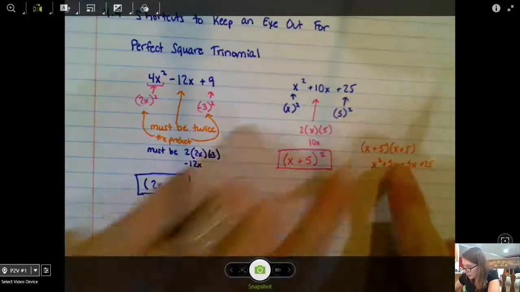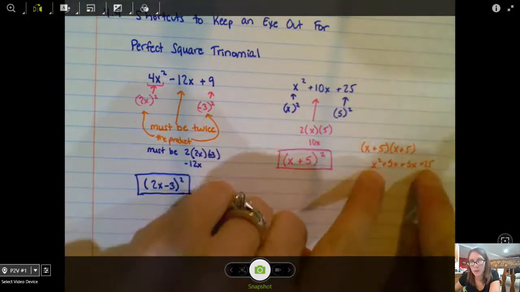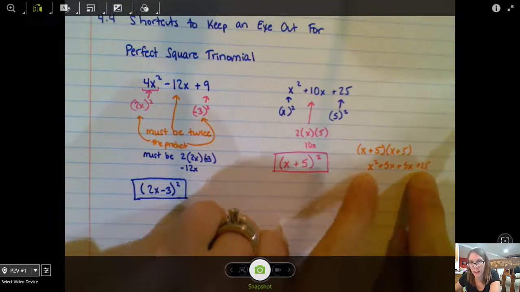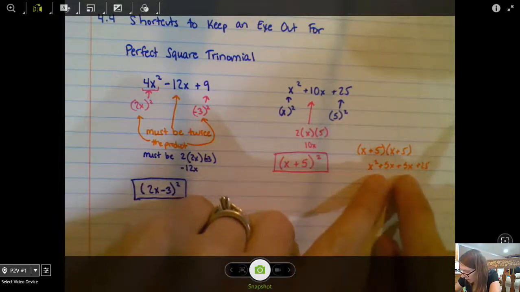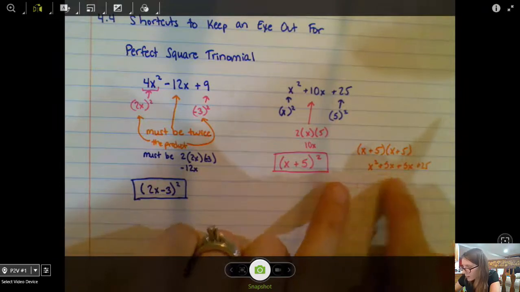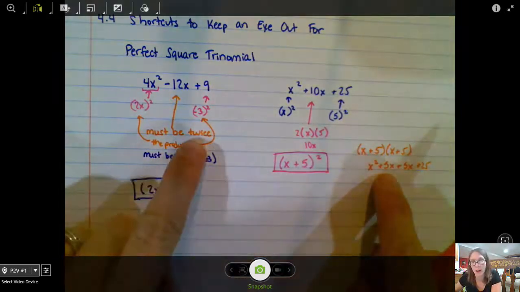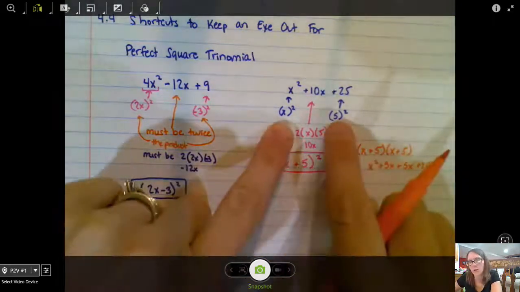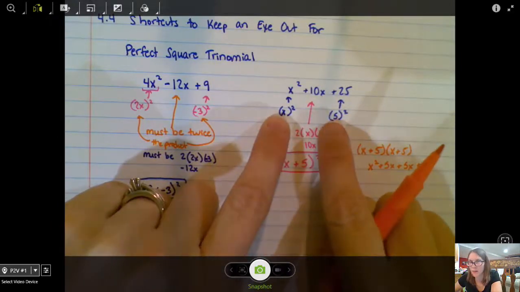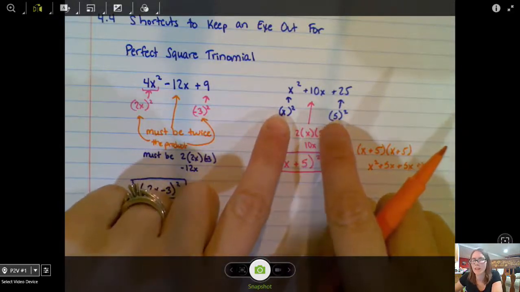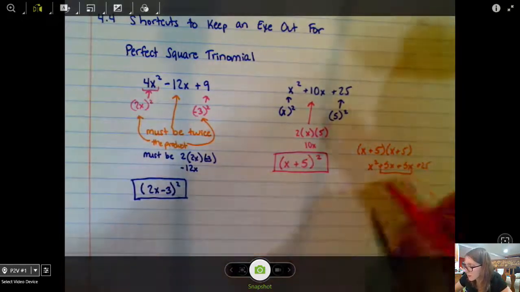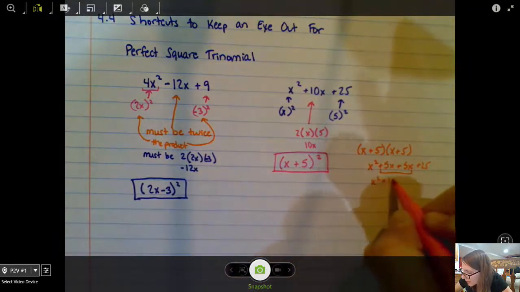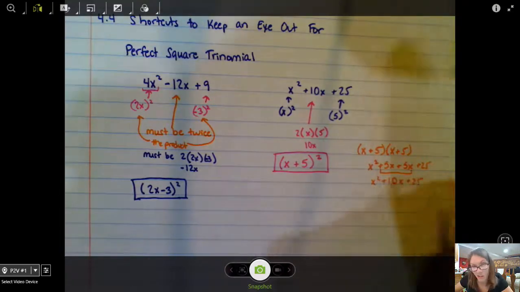Our first and last terms are where we get our perfect squares, the x squared and 25. And the 5x and 5x is where we have twice the product of the square roots of our a and c values. So x squared plus 10x plus 25, there you go, works.